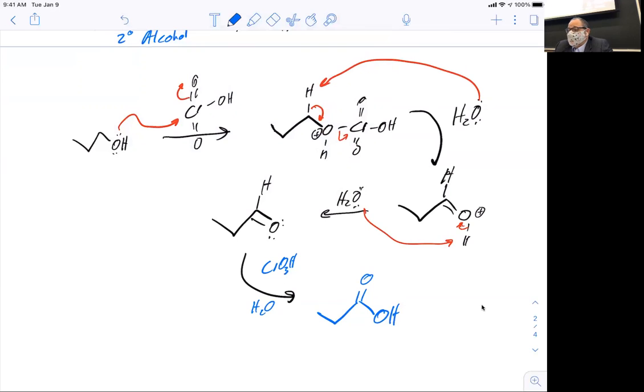So water is an integral part of this mechanism, right? And the water is going to be what's going to attack. So this hydrogen, oxygen here is coming from the water. So what they discovered is if you can eliminate the water from the process, you can stop at the aldehyde, that the water is essential to get us to the carboxylic acid.